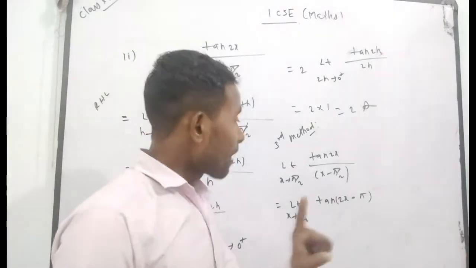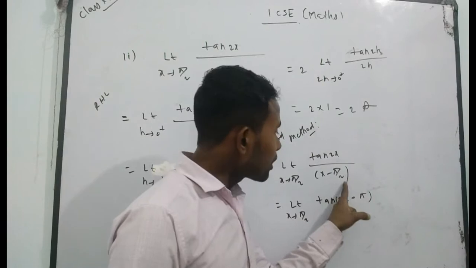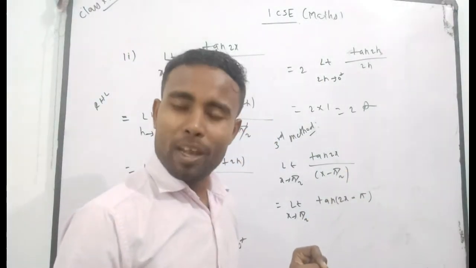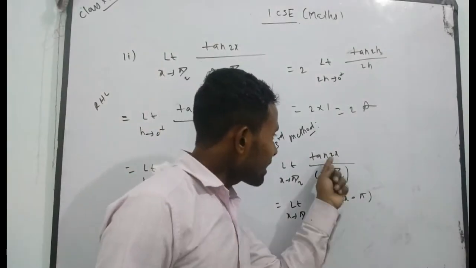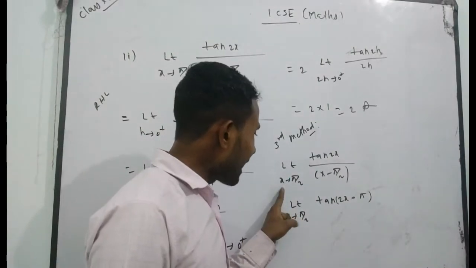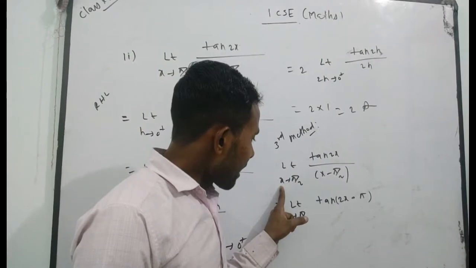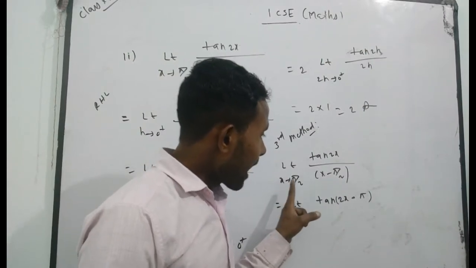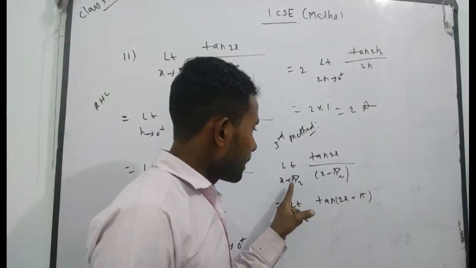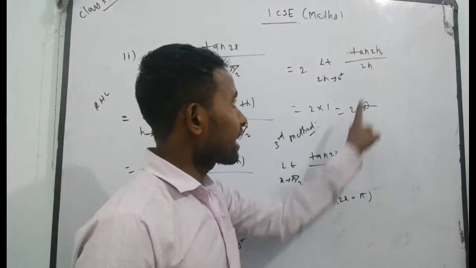Now a question definitely arises: how can you consider this? Because if you manipulate the denominator, what do you get? 2x minus pi. If 2x minus pi is also available in the numerator, and x tends to pi, then it becomes very easy for you, because it is just like tan x by x.